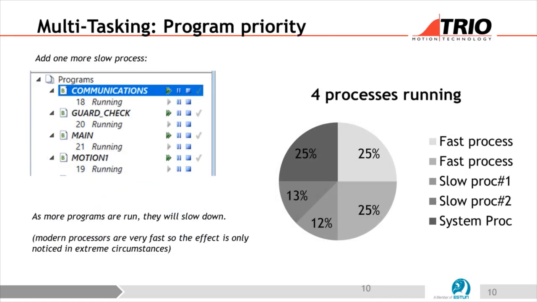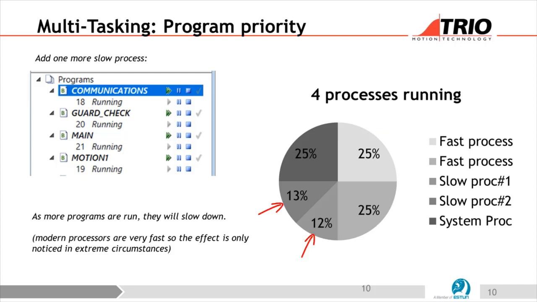So if I add a 4th program here, so I've got my 2 fast ones, remember they're the highest 2, 20 and 21, and 2 slow ones, or level ones, they have to share just one of the quarters. So my 2 fast ones always get that, and my others all have to share that one.